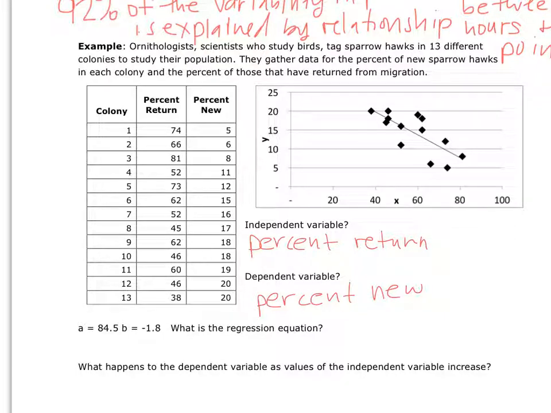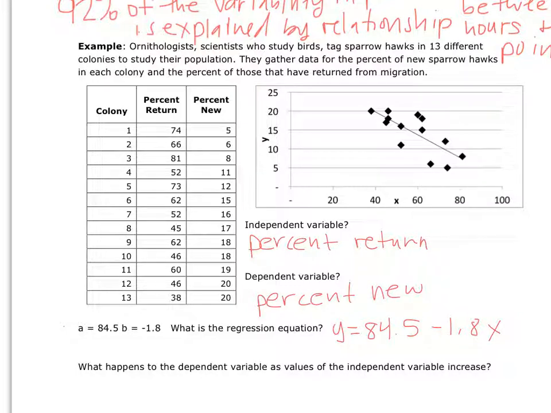All right, so let's look at this next thing. If we are given that A is equal to 84.5 and B is equal to negative 1.8, what is the regression equation? We just rewrite y equals A plus Bx with those values in there. So y equals 84.5, plus, although B is negative, so that's going to be a minus 1.8x.